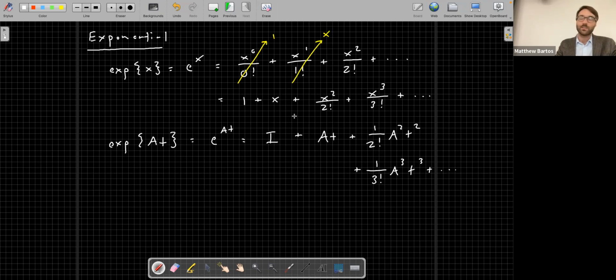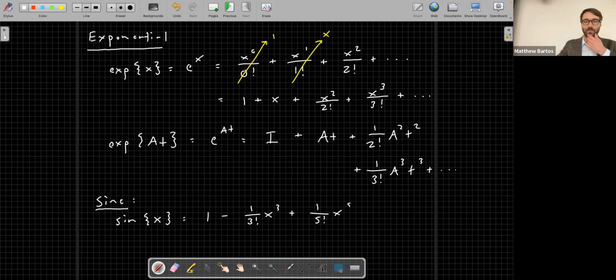But we don't need to constrain ourselves to the exponential function. We can also, for instance, look at other functions. So for instance, the sine of a scalar function, we know that this is equal to x minus 1 over 3 factorial x cubed plus 1 over 5 factorial x to the 5th power.